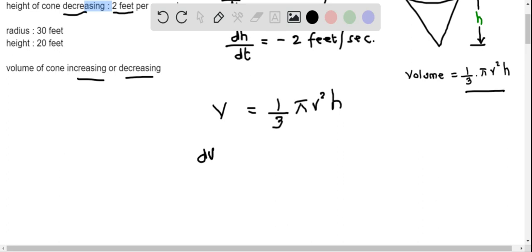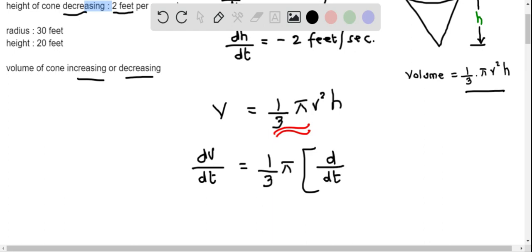When I do that, I will get dV over dt equals, this 1/3 pi is a constant, so it remains as it is when we use the constant multiple rule. And then we have to differentiate only the remaining terms, that is d by dt of r squared h.